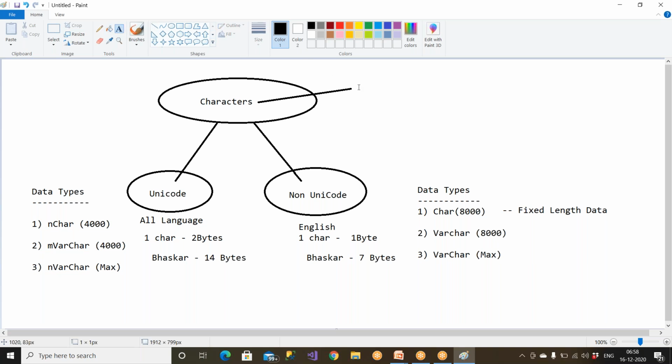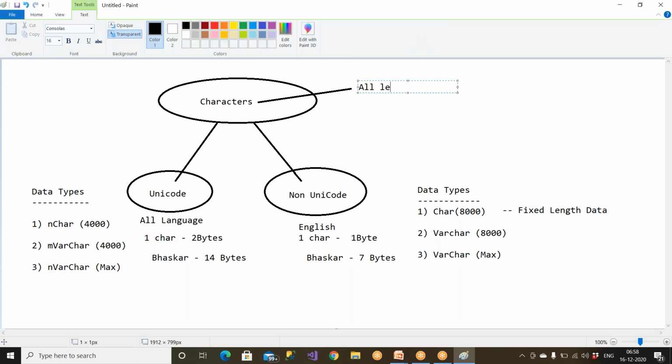Character means all letters, plus special characters. Do you know what a special character is? Space and all these things are called special characters. Clear? So all of them are special characters, and even numbers are supported. 1, 2, 3, 4, 5, 6, 7, 8, 9.